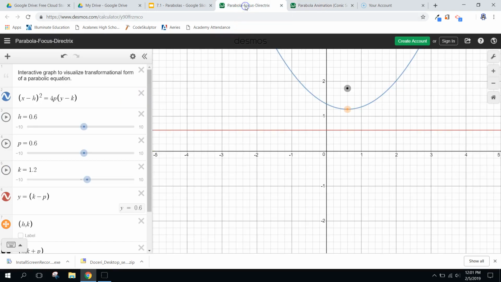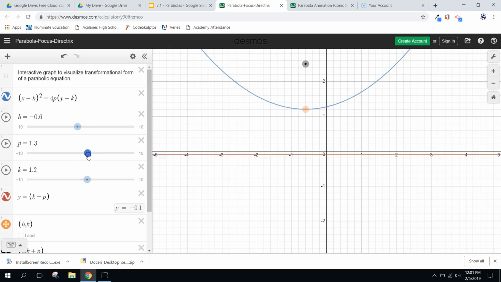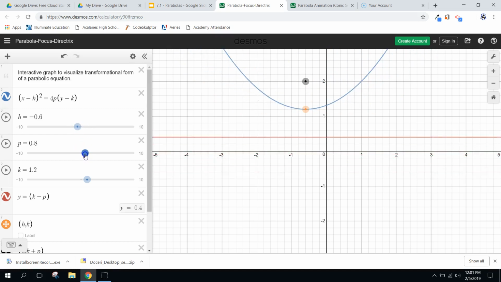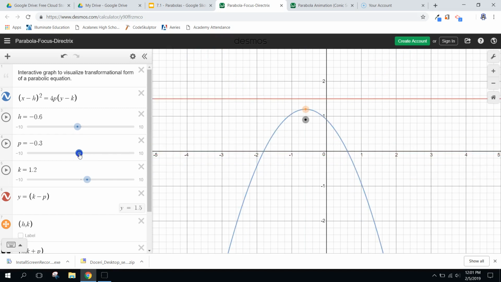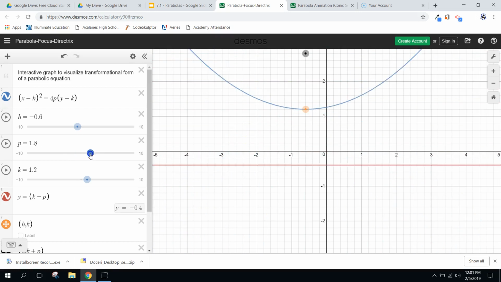Now, this is another demonstration. If I move the center point around, if I move that x value, we can see that it moves the vertex and the focus to the left or the right. If I change the value of p again, a bigger p value makes it wider. It spreads out that distance. A smaller p value makes it narrower, and a negative p value is going to flip it over.